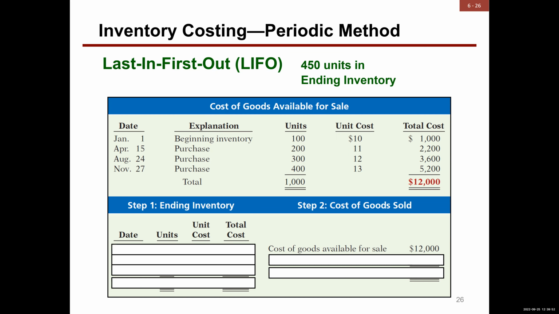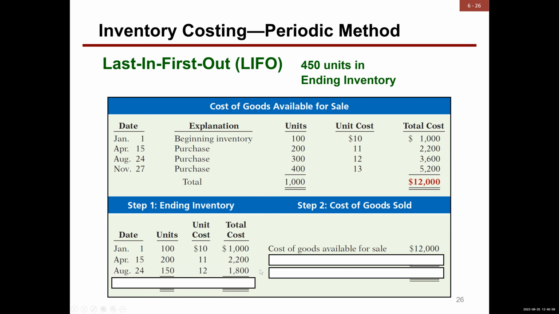We need 450 of them, and we're going to start here: 100 at 10, 200 at 11, and now we're up to 300. We need 150 more, so we'll take 150 of these at 12. And then let's cost it out. Those 450 units will be costed out at $5,000. That's what our ending inventory is.